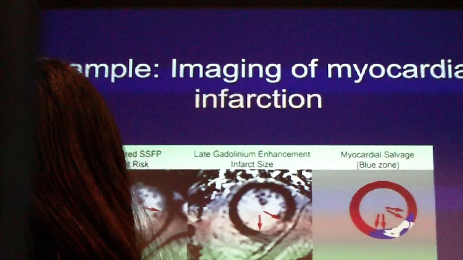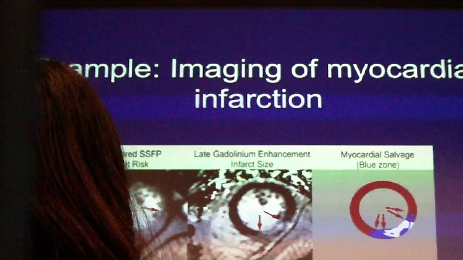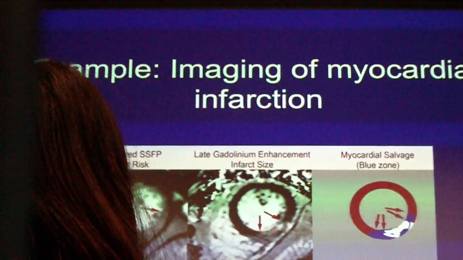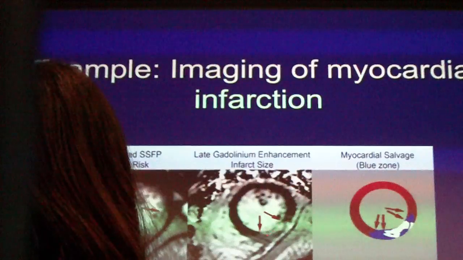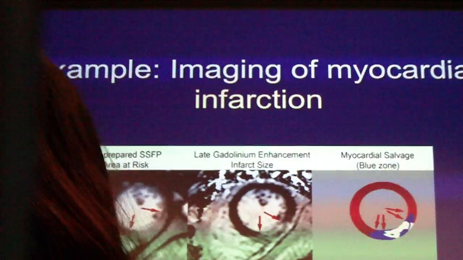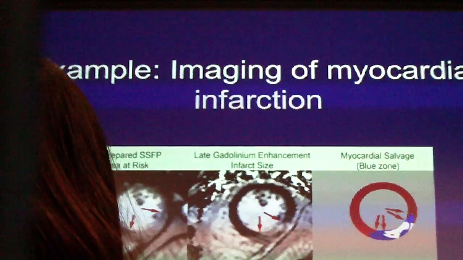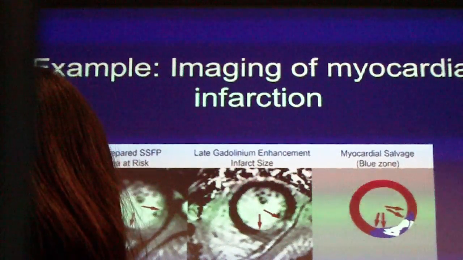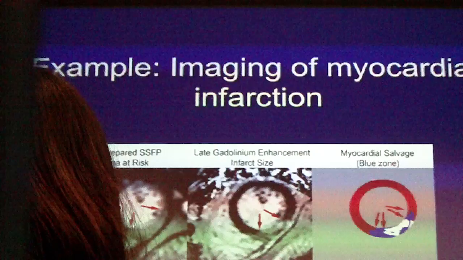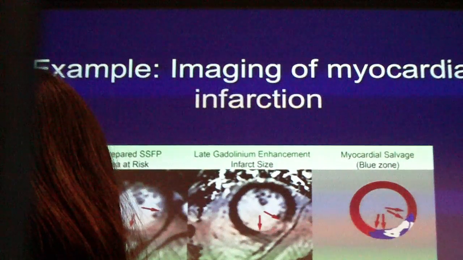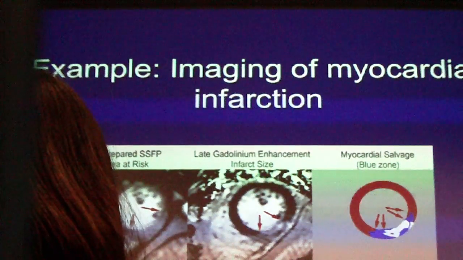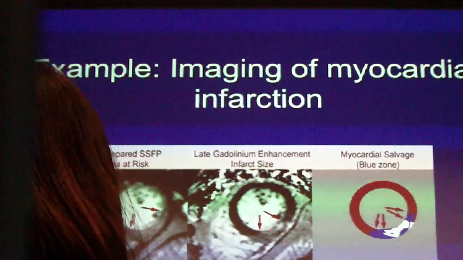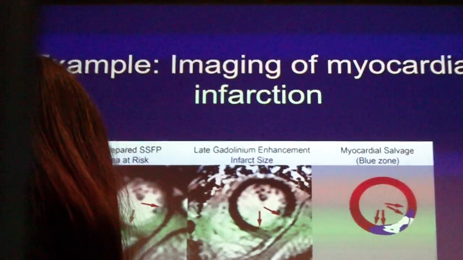So here you can see, okay, here it's brighter. So here was my infarct. This is the infarcted area. And then it's always important to look at, is it complete? Is it through the whole muscular wall, or is it only on one side? Because the prognosis is much better if it's not the complete wall that is affected.